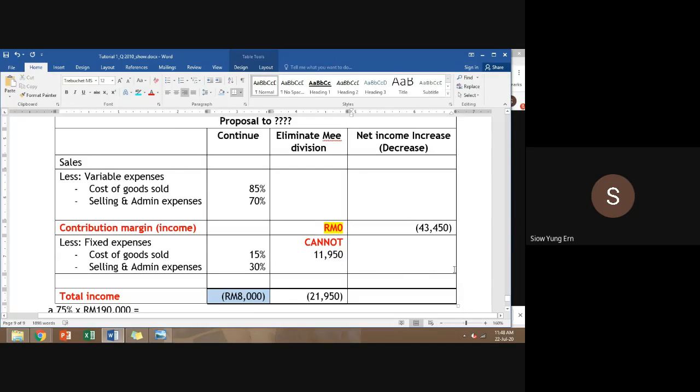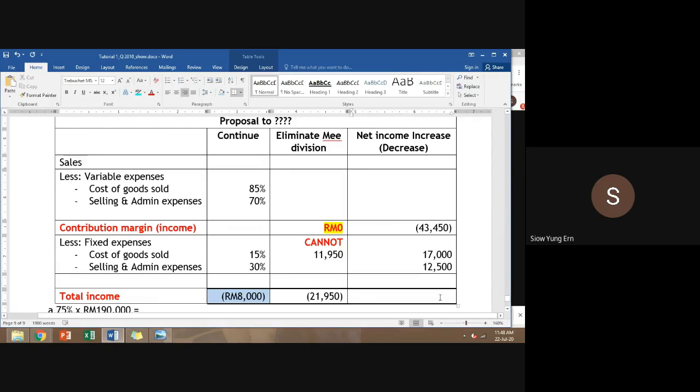And then the last one, fixed selling and admin. Correct, 12,500 positive, same thing. So you have 17,000 and then you have 12,500.